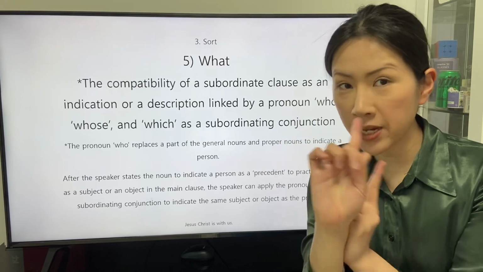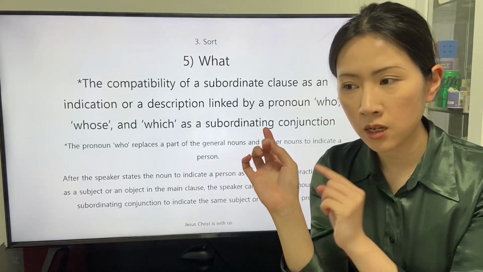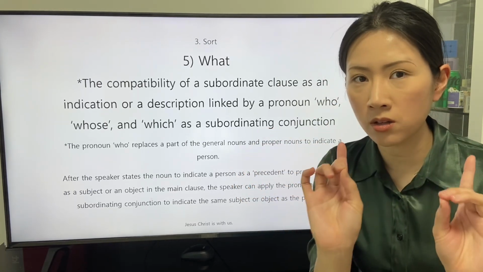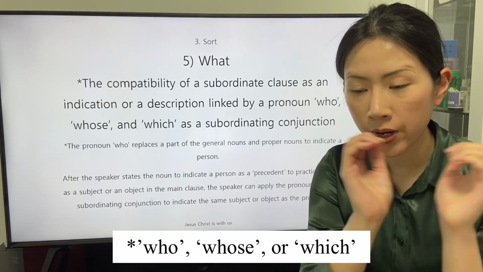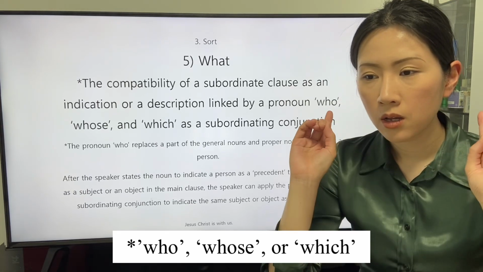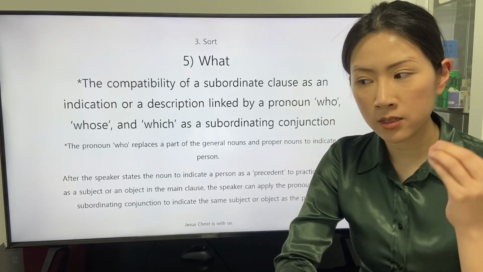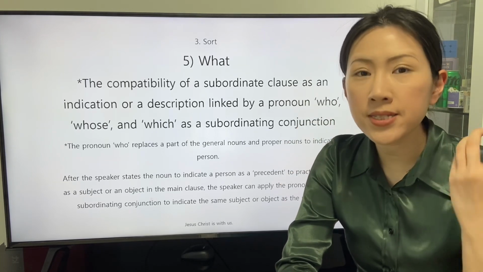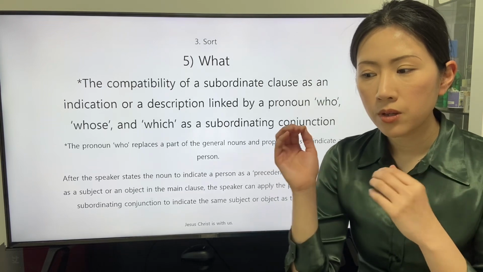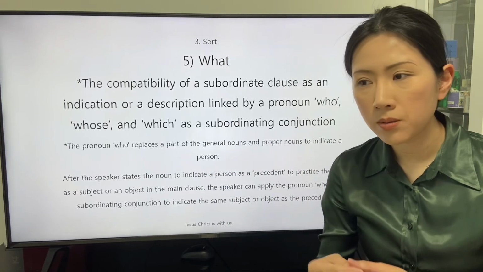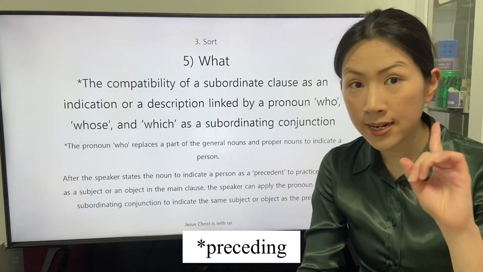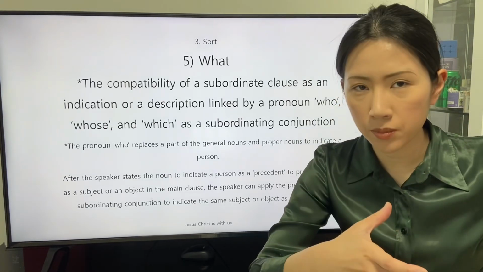The subject or object that indicates the same subject or object as the pronoun is the precedent. The precedent is in the main clause.